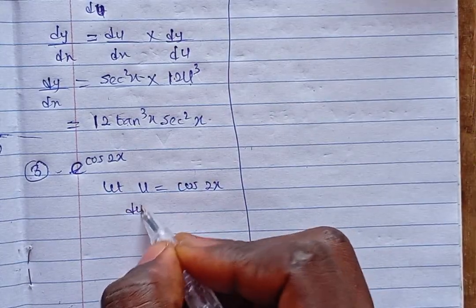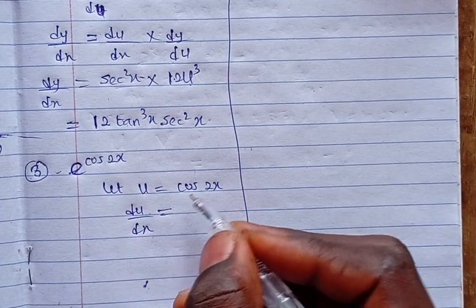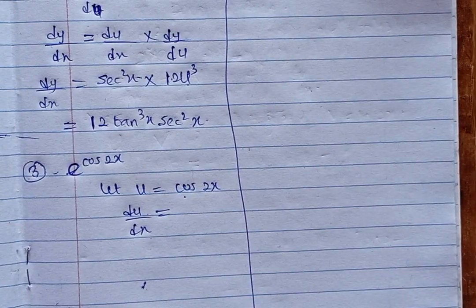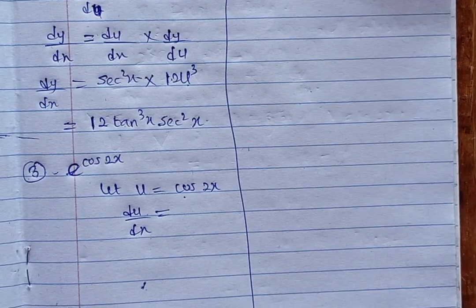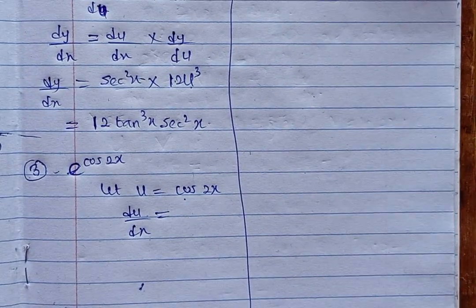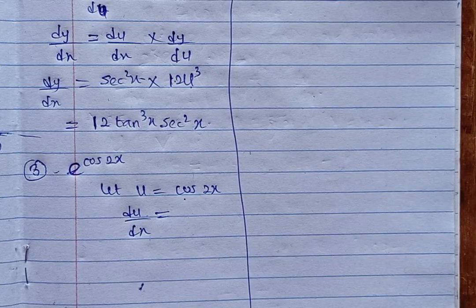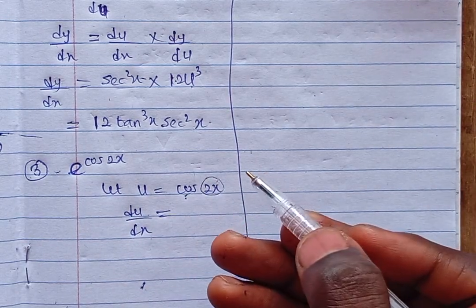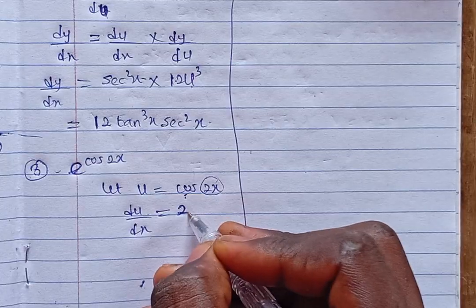So if your u is equal to cos 2x, how will you go about it? You have to differentiate du/dx. Now you should know that cos 2x, we also have to pass through the same process of differentiating it with chain rule. But you don't want to do that. That's why I gave you the trick earlier on how to solve it. You will just say that cos 2x, differentiate the inner one, which is 2x, you get 2.